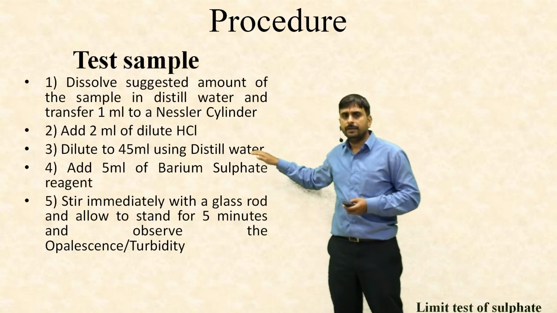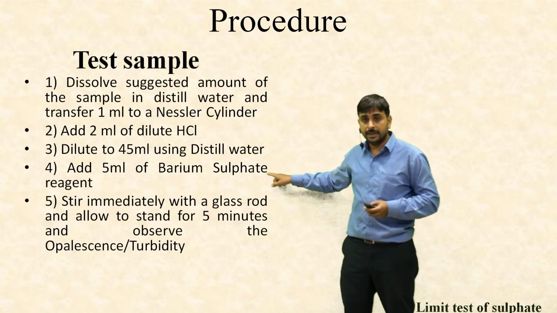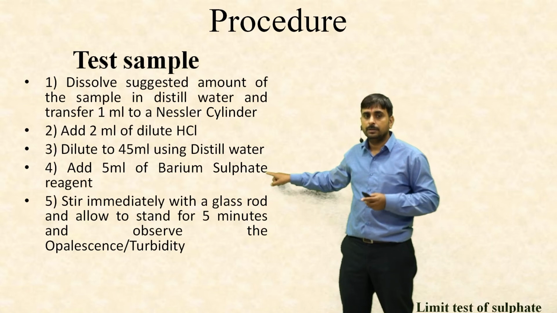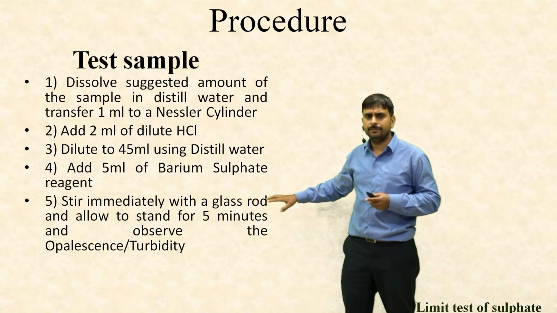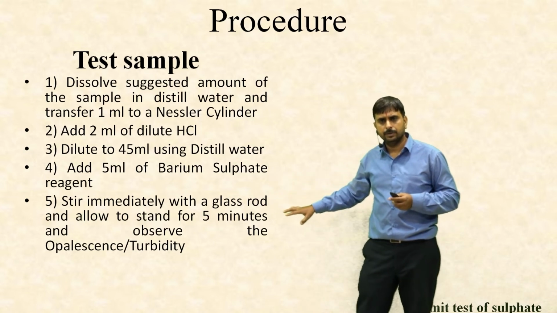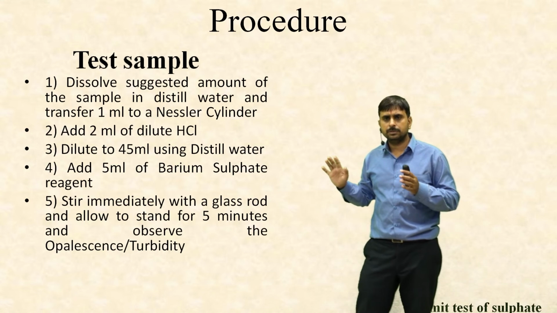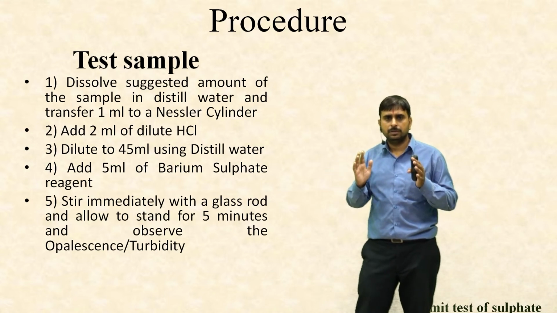We add 5 ml of barium sulfate reagent that we prepared earlier, stir the solution, wait for 5 minutes and then observe the turbidity. This is the procedure for the test sample.